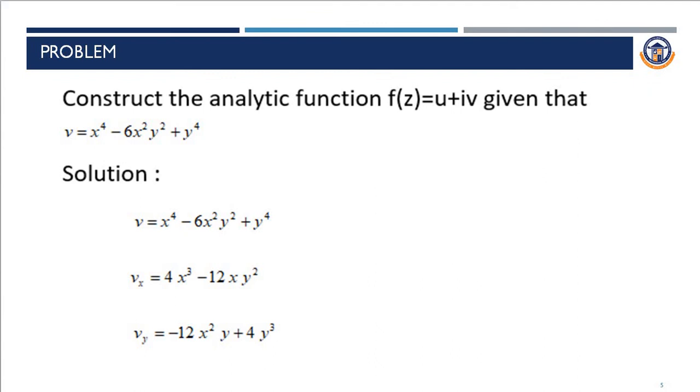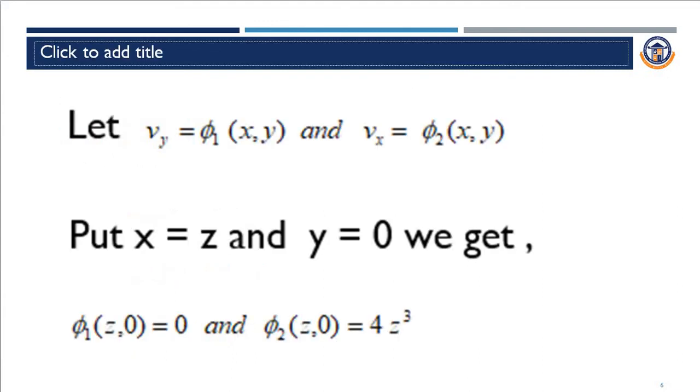For x put z, and for y put 0. Vx equal to 4 into z cube minus 12x y squared, where the y squared value is 0. Therefore Vx equal to 4z cube, that is phi 2 of x comma y. Finally we get phi 2 of z comma 0 equal to 4z cube.